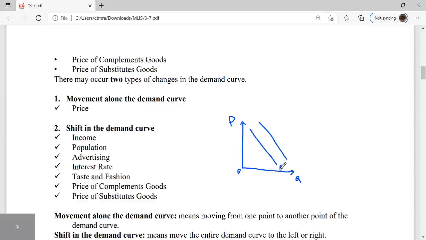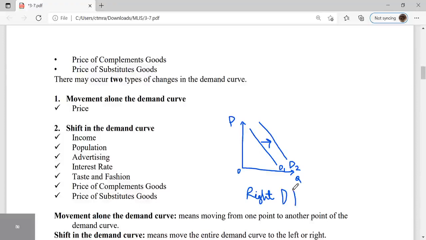Suppose the demand was this much, it will shift to a totally new demand curve. See, it's increasing from D1 to D2. It's shifting to the right. So whenever there is a rightward shift, demand will increase.